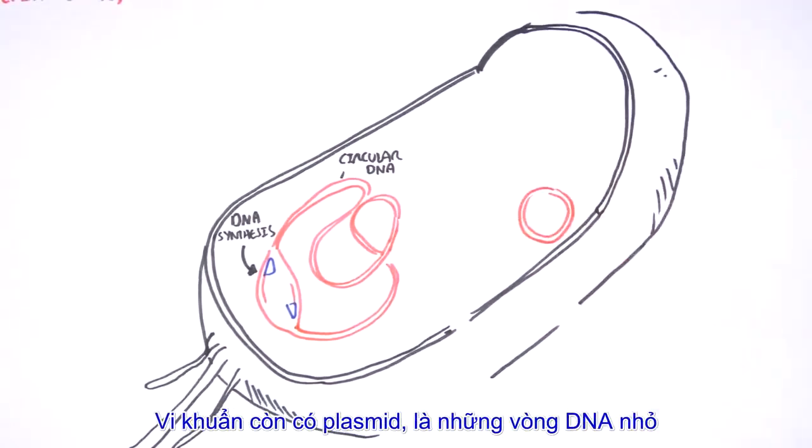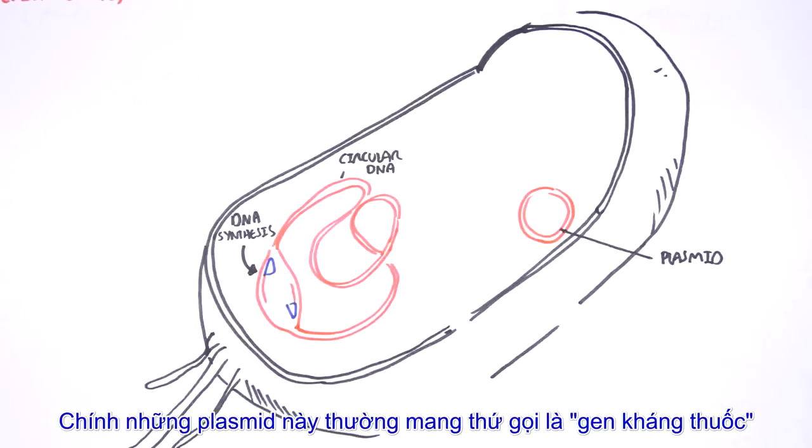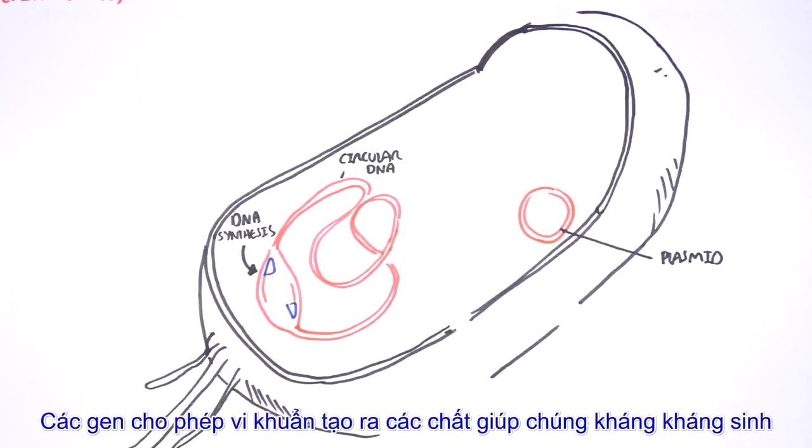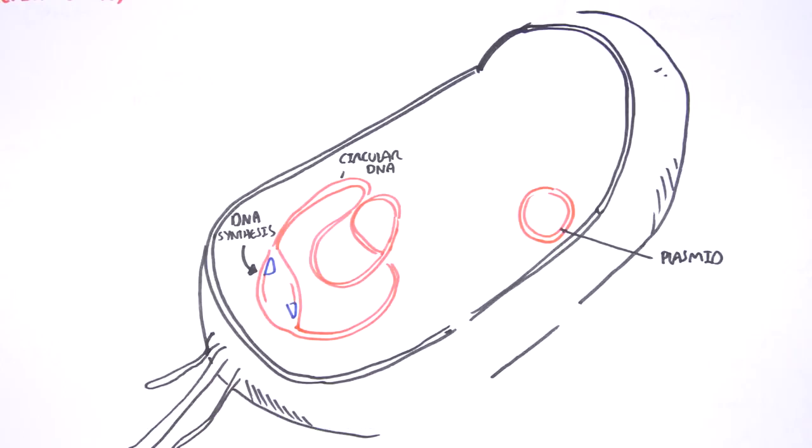You see, the bacteria also have things called plasmids, which are like super small circular DNAs. And it is these plasmids that usually carry the so-called resistant genes. Genes that allow the bacteria to make things so that the bacteria becomes resistant to antibiotics. Hence, resistant genes.